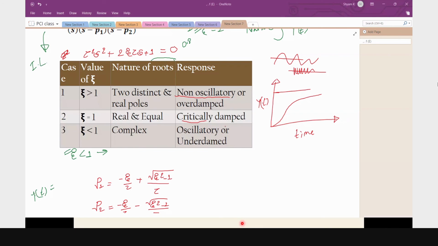Okay, so if it is greater than 1 it is overdamped, if equal to 1 we call it critically damped. If it is less than 1, we call it an underdamped system. Okay, and the natures are: overdamped is non-oscillatory, critically damped is also non-oscillatory, while when it is less than 1 the roots are complex, it will give us oscillatory nature. Oscillatory nature. Are you getting my point?